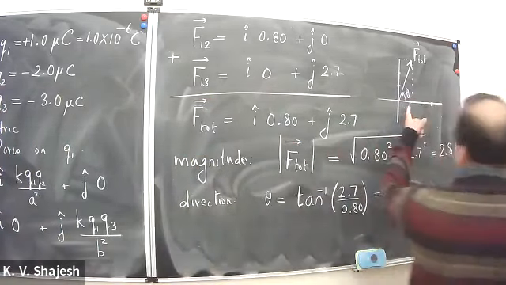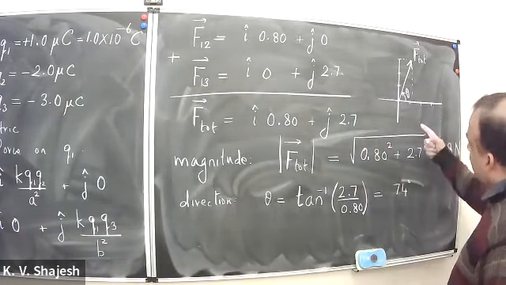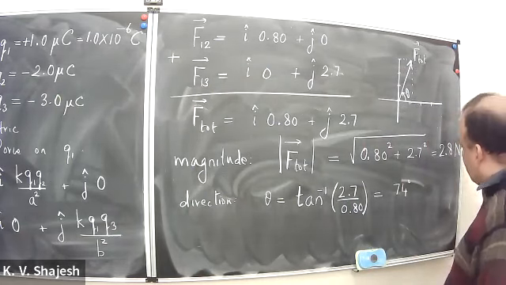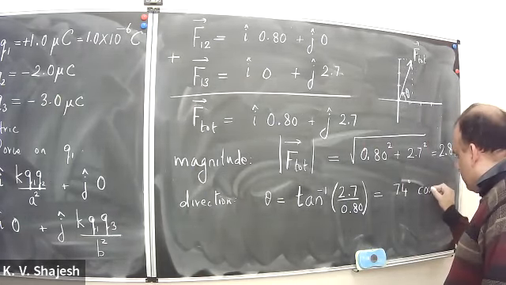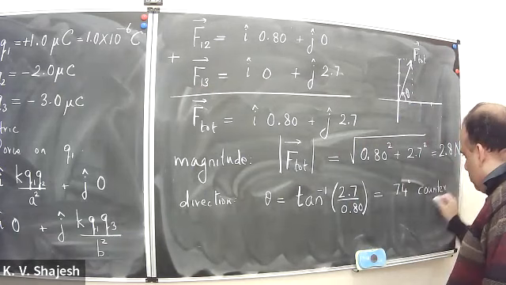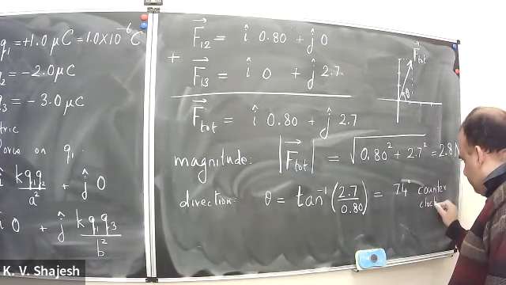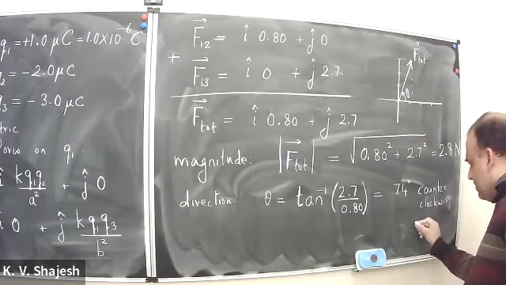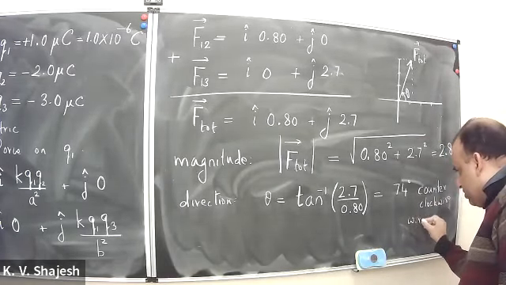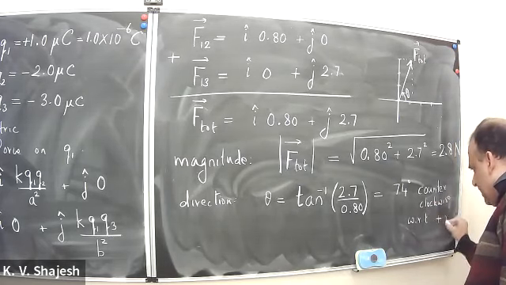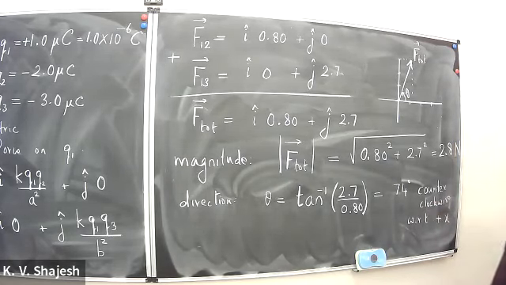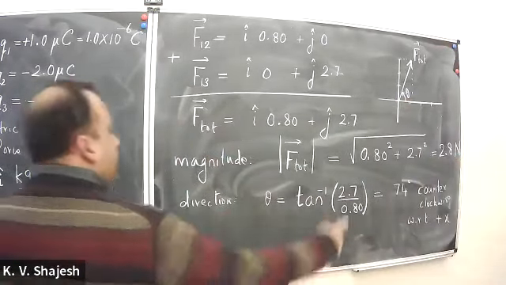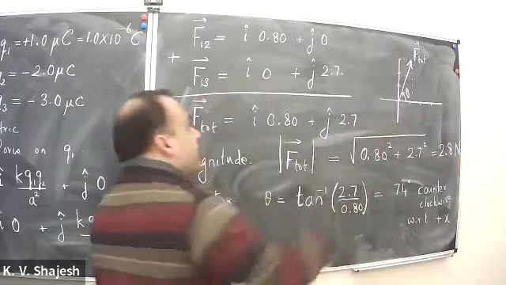So you have to say it is counterclockwise, or you can say it is north of east. Clockwise is this way, so you're going counterclockwise with respect to the positive x direction.